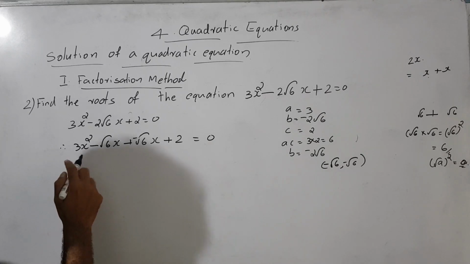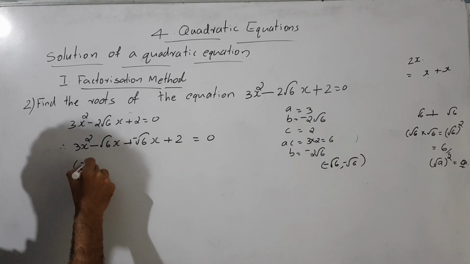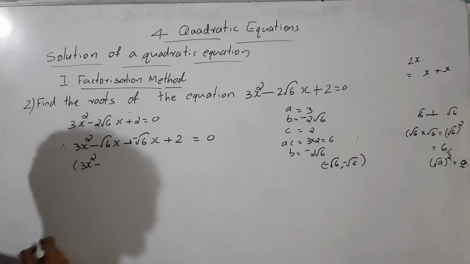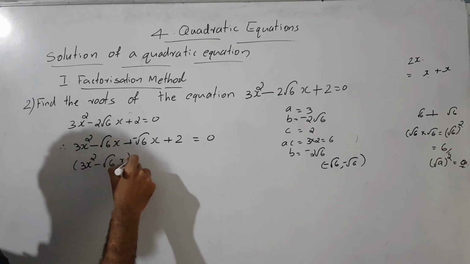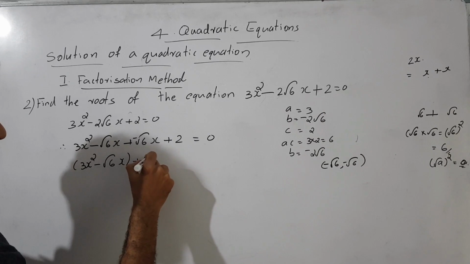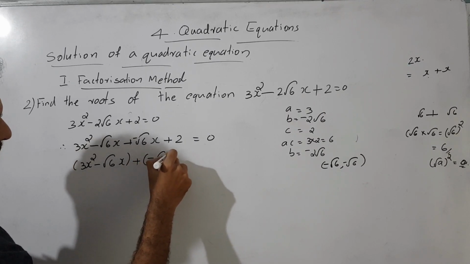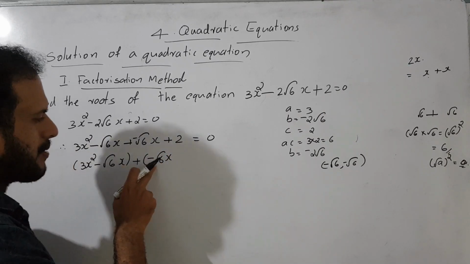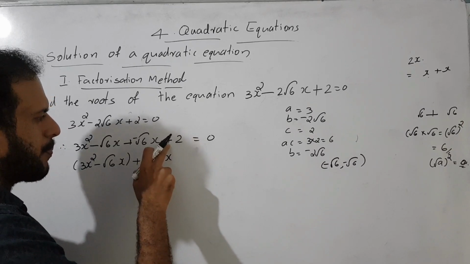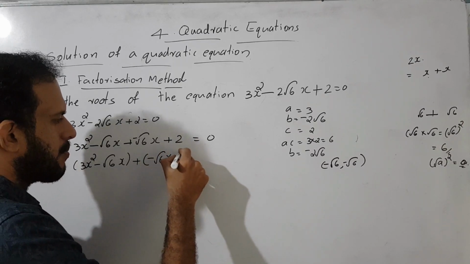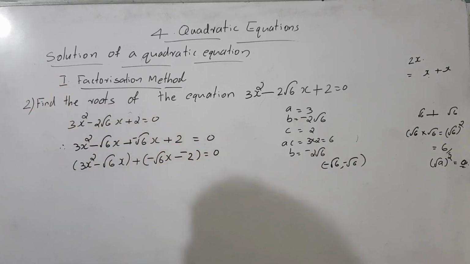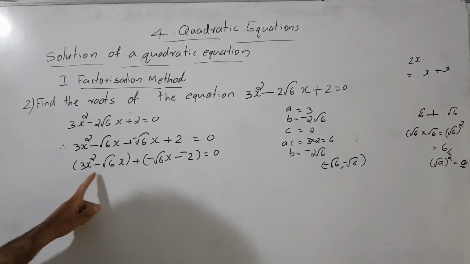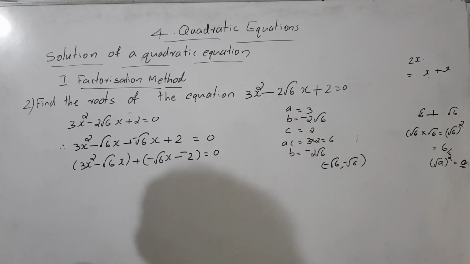Next we pair the first two: 3x square minus √6x. Then for the next pair, the first number's sign is minus, so we split the plus 2 as minus √6x plus 2 is equal to 0.